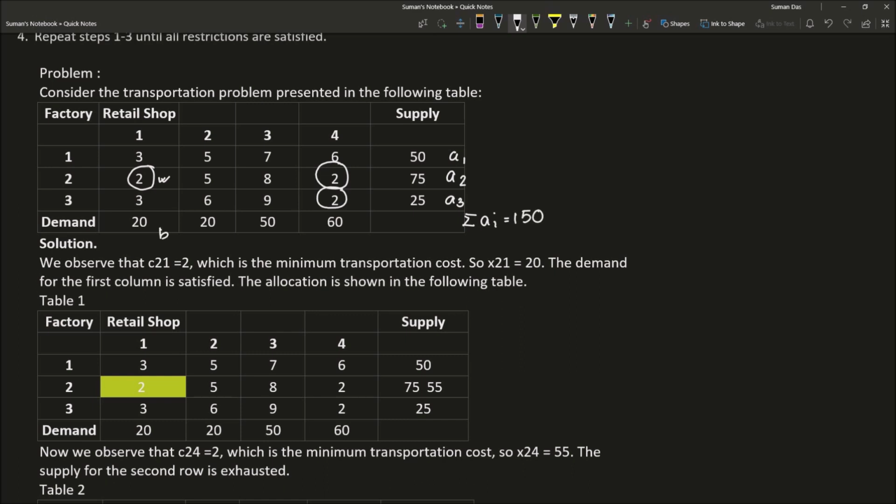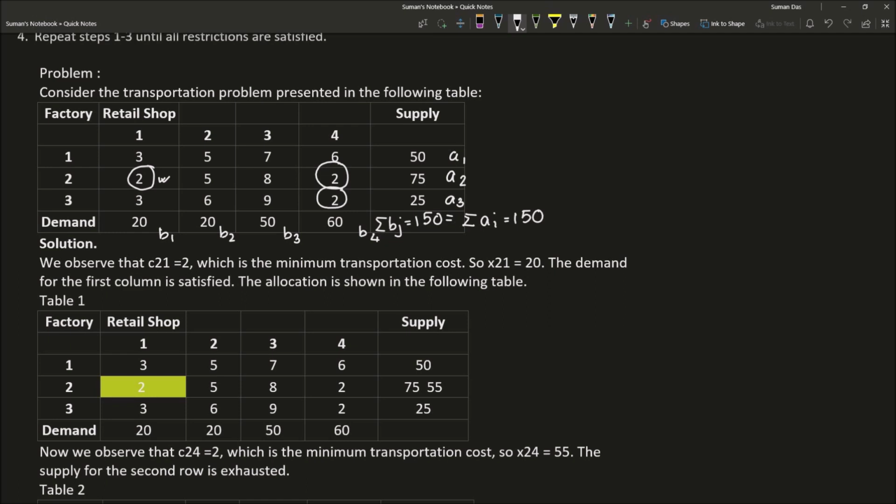Same as that, B1, B2, B3, and B4, and the summation of Bj is also equal to 150, which equals the summation of Ai. That means demand and supply are equal, so we may proceed to the matrix minima method.